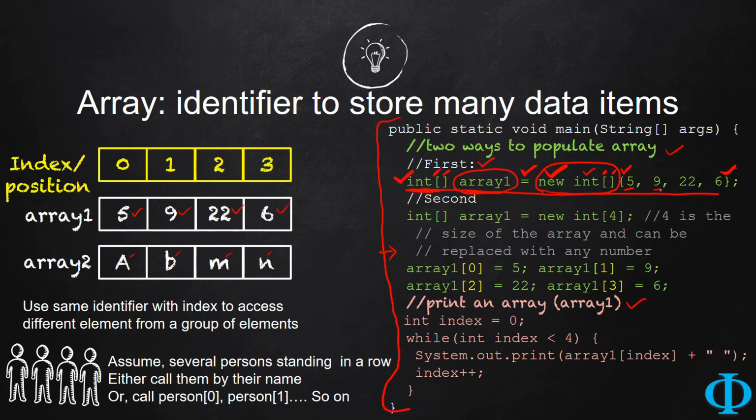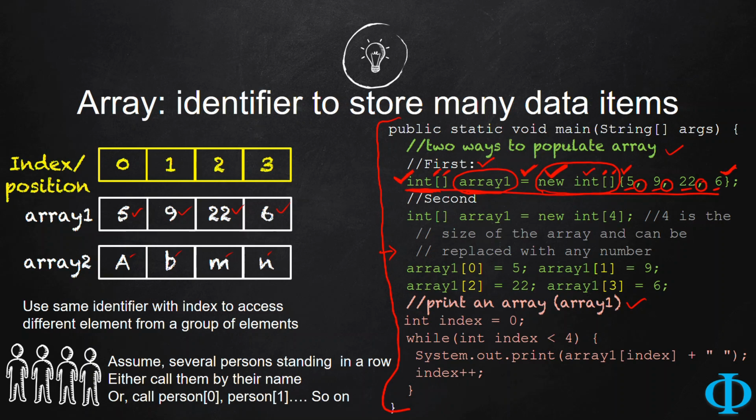In our case, it is 5, 9, 22, and 6. These 4 data items, you have to write inside this curly brace in a comma separated fashion like this. That is, each of the data items should be separated by a comma.